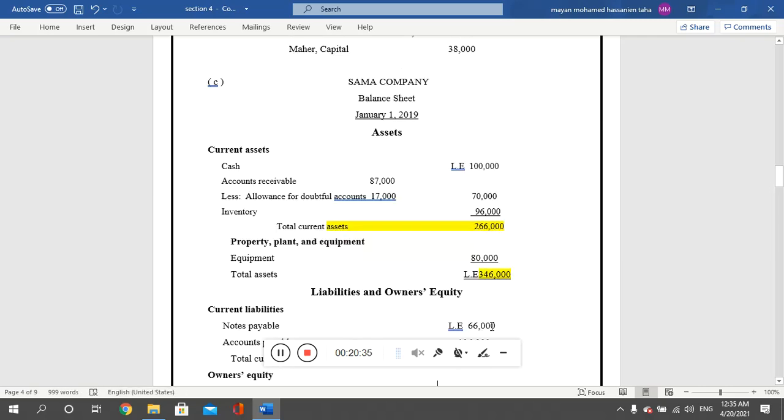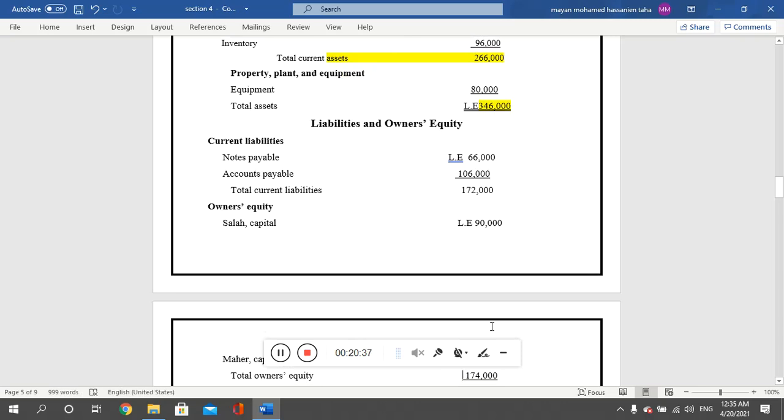Let's move to the other side of the balance sheet, which contains the total liabilities and partners' equity. Partners' equity, not owner's equity, because here we are in a partnership, not in a sole proprietorship.